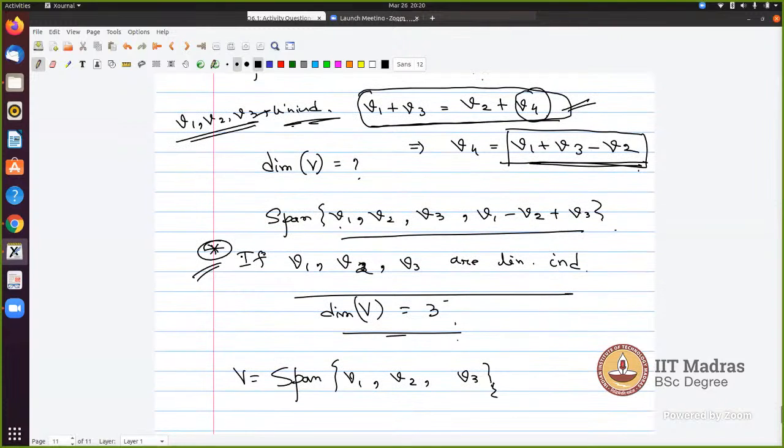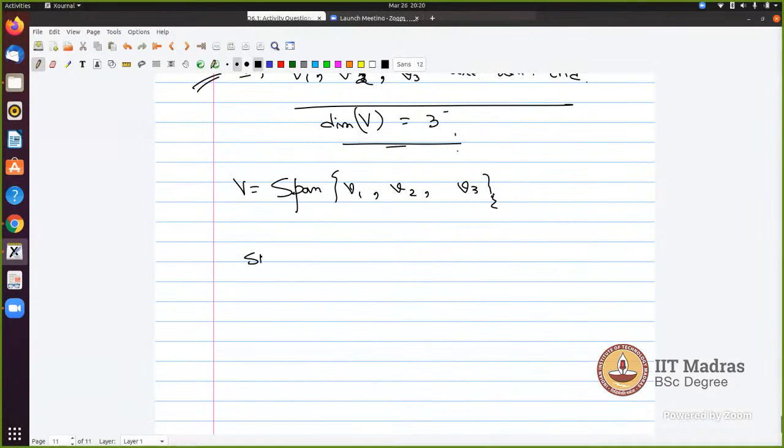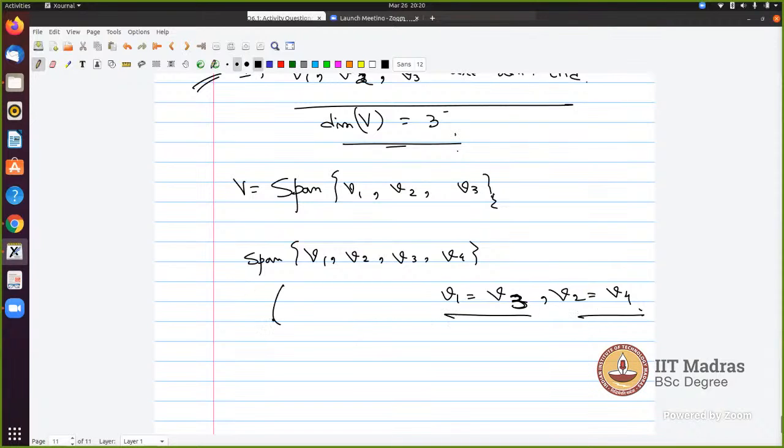What if V1 is equal to V3 and V2 is equal to V4? Let's do that. The span of V1, V2, V3, V4: I have two conditions here, so I can write V3 as V1 and V4 as V2.